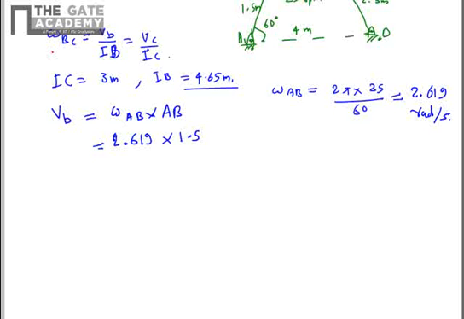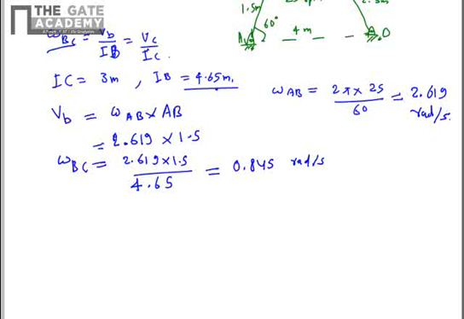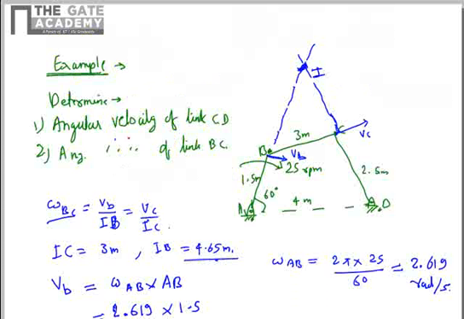Now omega BC, the angular velocity of link BC, is equal to VB by IB, 2.619 into 1.5 divided by IB. IB is 4.65 from the diagram construction. So to calculate this, it will come around 0.845 radian per second. This is the angular velocity of link BC.